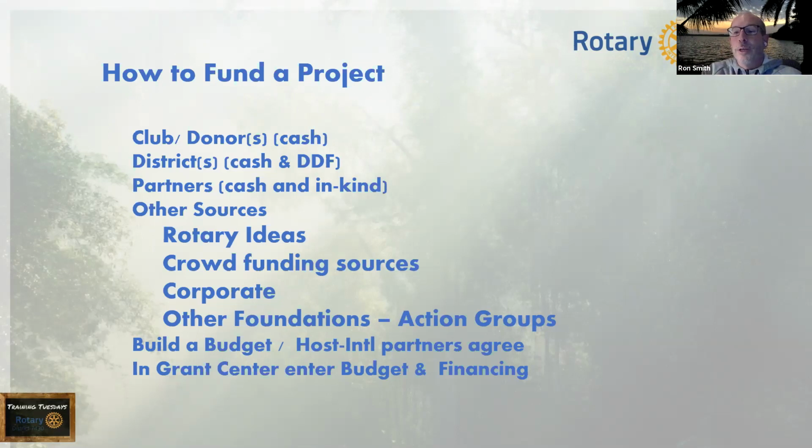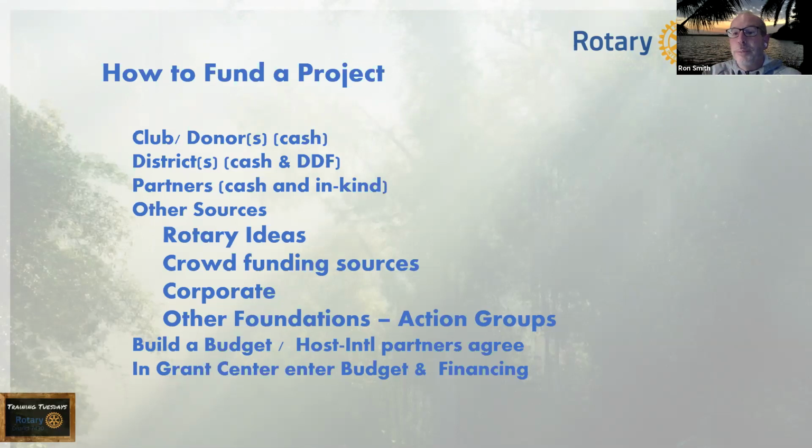If your club is looking to do a water project somewhere in the world and you didn't care exactly where, and you had no one in your club or the district who was a specialist, but you just wanted to give to a water project, you can go to matchinggrants.org, filter water projects, look at countries, and actually make commitments to other people's projects. And if you have your project and a shortage of funds, you can list it there. You can go to corporations, you can go to other foundations.